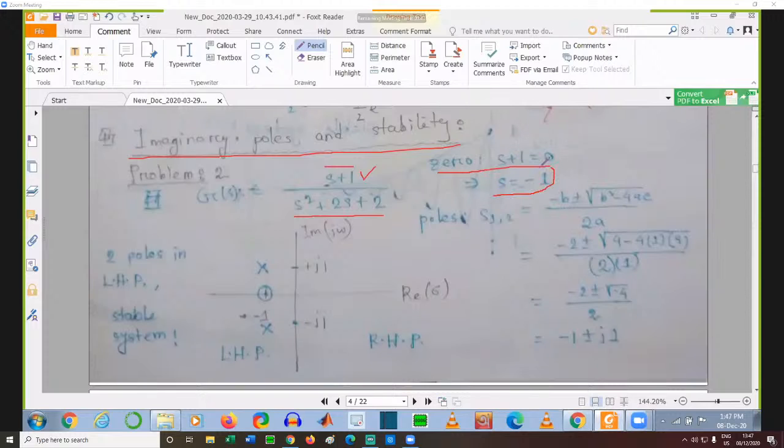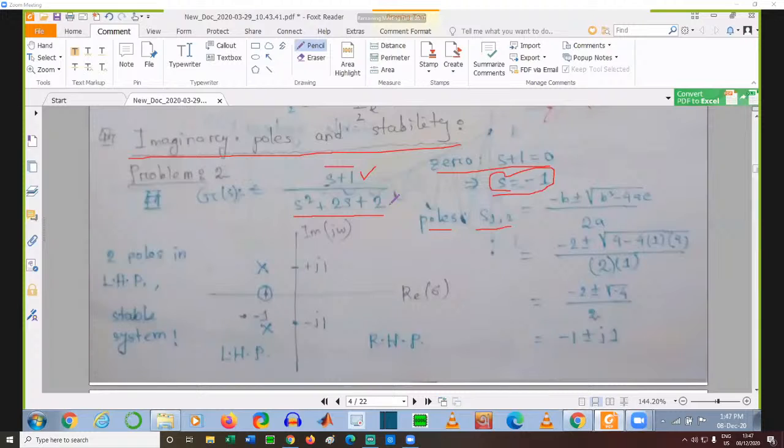That is my zero, very easy to get. But for poles, we have to apply the formula we learned for the second order equation, s12 equal minus b plus minus root over b square minus 4ac by twice a, because we have imaginary poles right now.